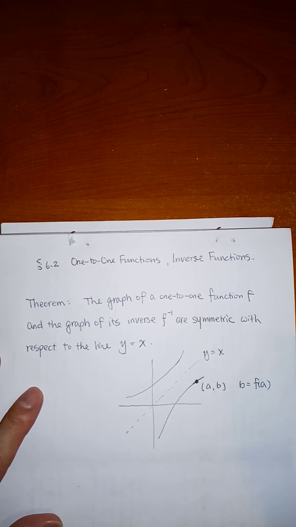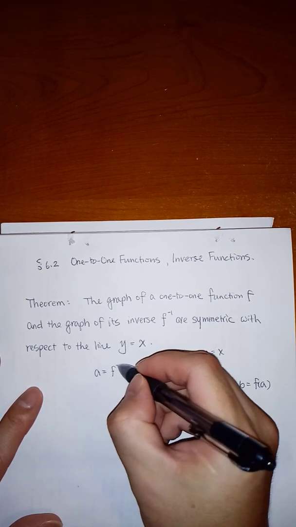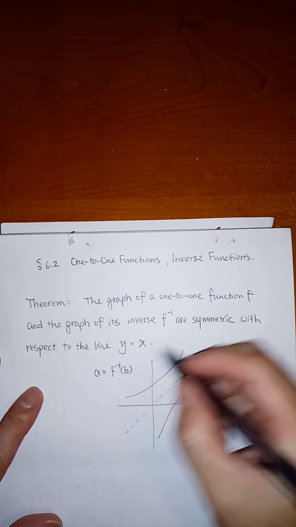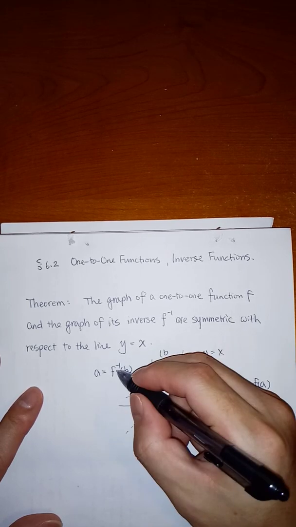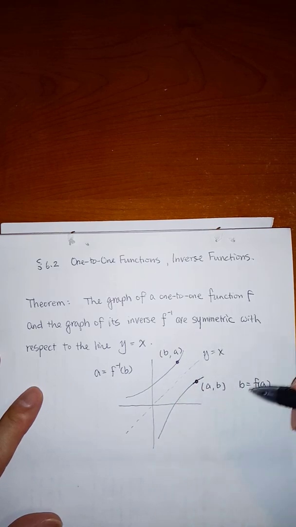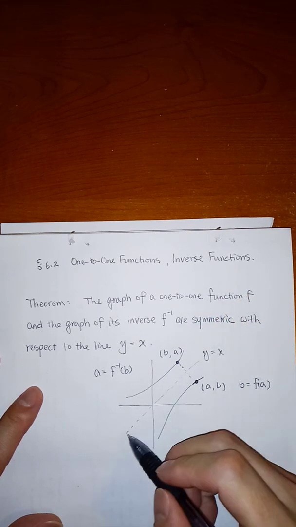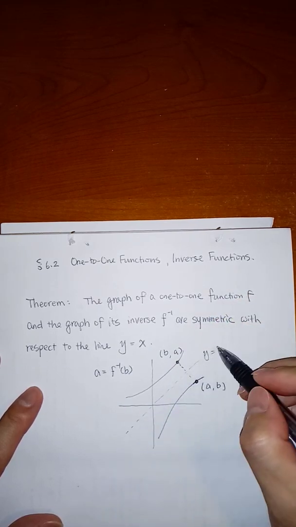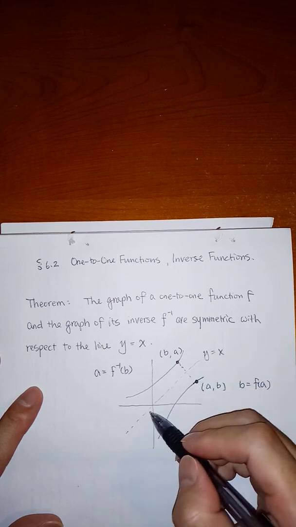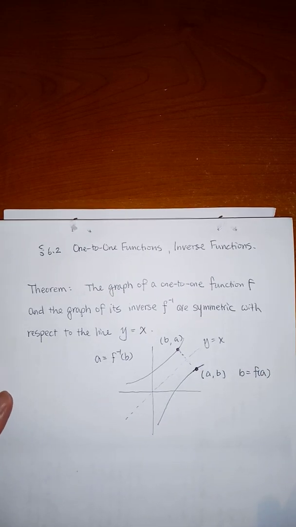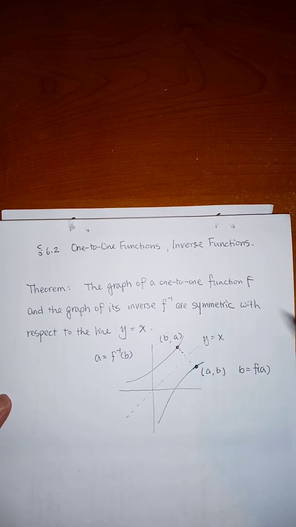B is f(A) implies A is f inverse of B. So when you get input B for f inverse, you get output A. So (A, B) is on the graph of the original function, then (B, A) will be on the graph of the inverse function. If you connect them, they are symmetric with respect to the line y equal to x. So y equal to x is the perpendicular bisector of this segment. That is the meaning of the theorem.